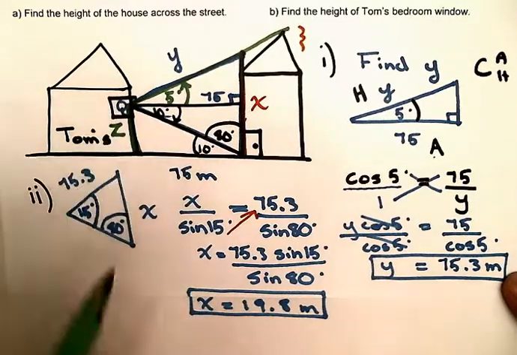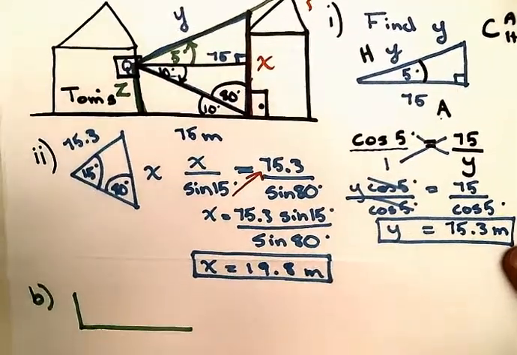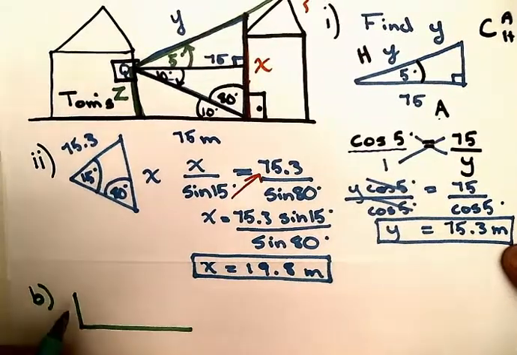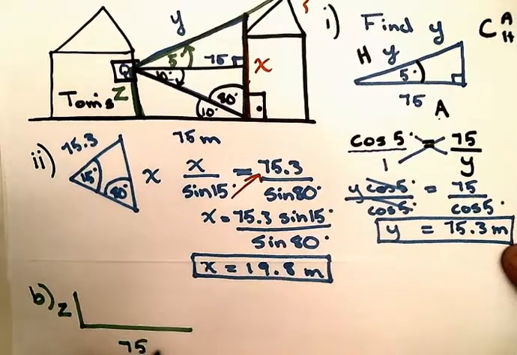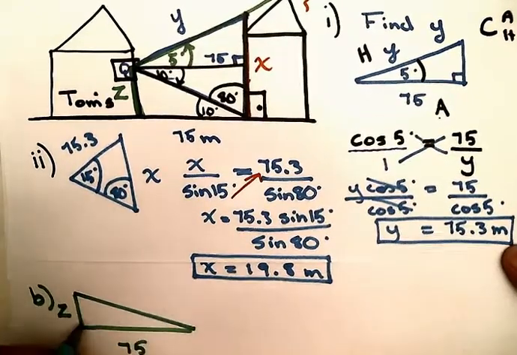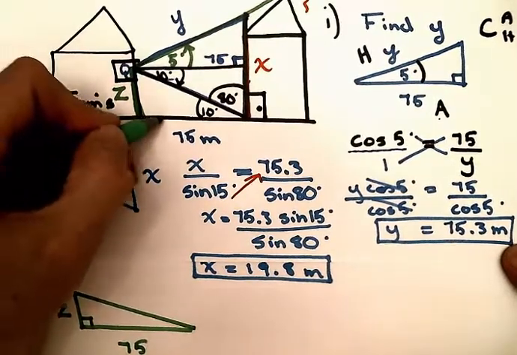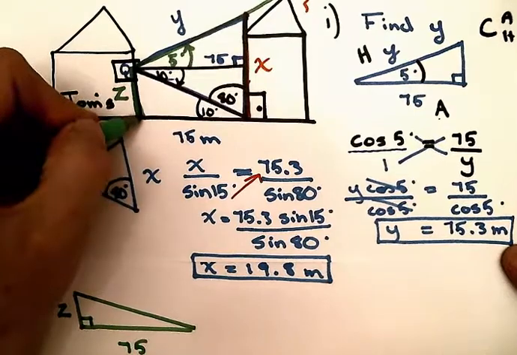So I'm going to redraw that triangle. We're in part B. If I redraw that triangle, just to see it more clearly, it would look like this. So there's Z. This is the 75. And if I come down here, that's 90, because the road or the grass makes a 90 degrees with the side of the house.